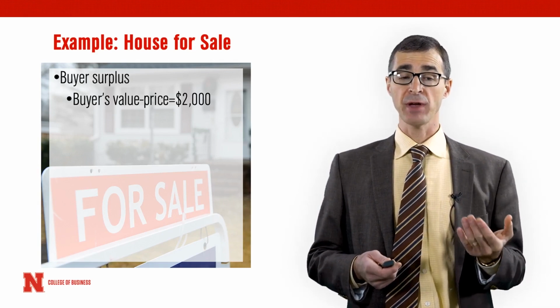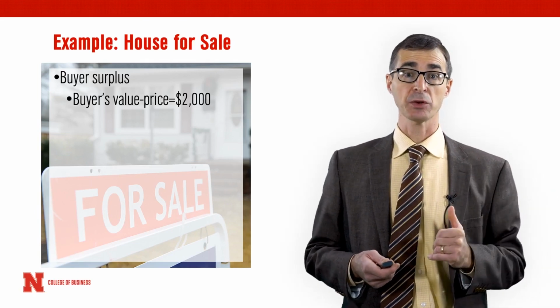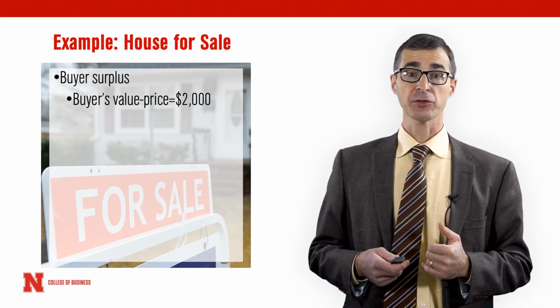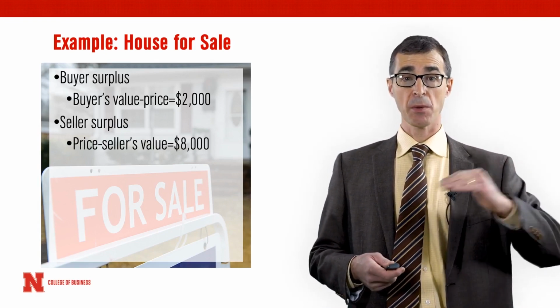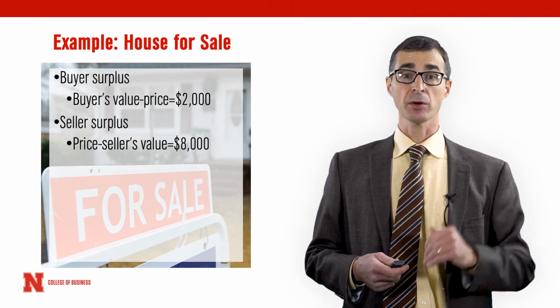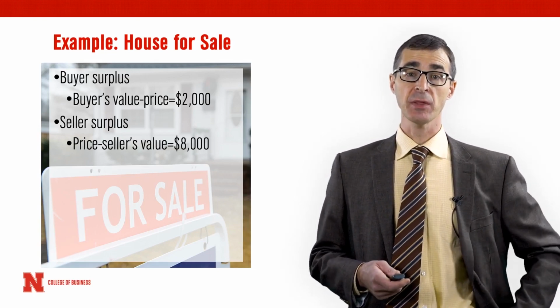The buyer's value minus the price they pay, so $130,000 minus $128,000, gives us the buyer's surplus, $2,000. The seller's surplus equals the price minus the seller's bottom dollar, $128,000 minus $120,000. That gives us the seller's surplus of $8,000.